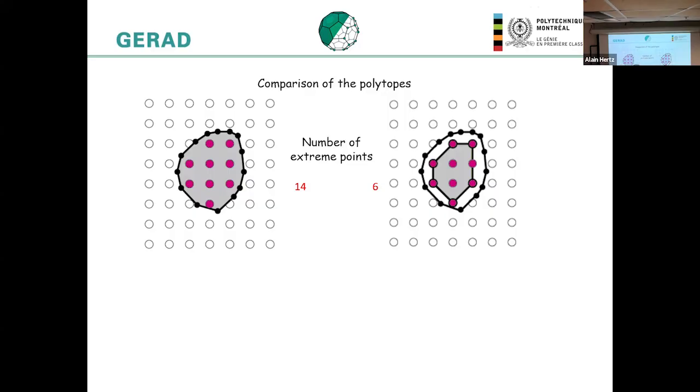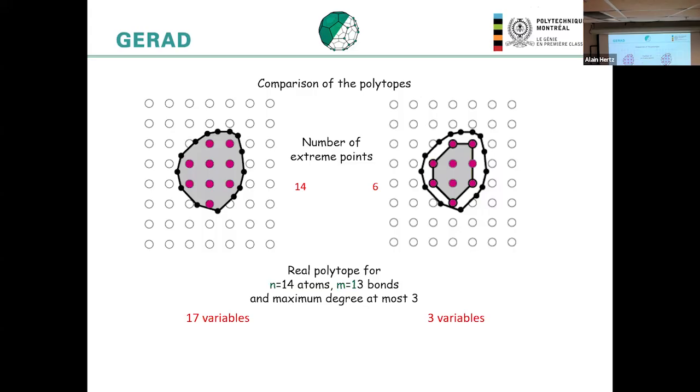Here in this example, we have only 6, which are all integer points. So what if we take, in reality, the real polyhedron that we get? Let's say you want a chemical tree, a graph that is a tree. You have 14 vertices and only 13 edges, and maximum degree at most 3. So what do you get?